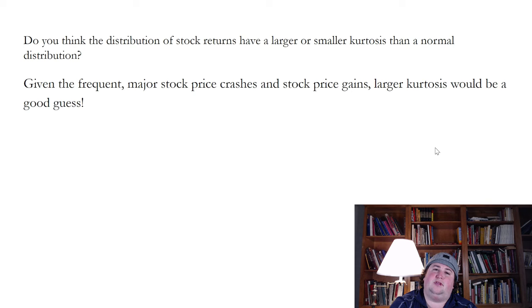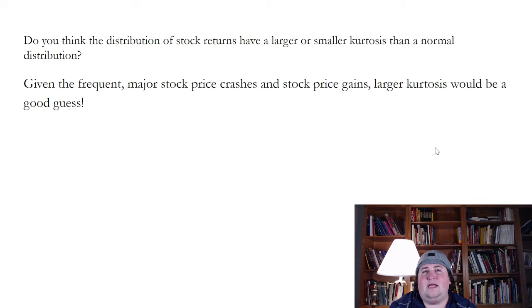One standard deviation is 67%, or 67% of the distribution for a normal distribution is within one standard deviation. 95% is within 2 standard deviations, and 99% is within 3 standard deviations. So the question is, do we think that the stock market data, the stock returns, will have smaller or fatter tails than a normal distribution?